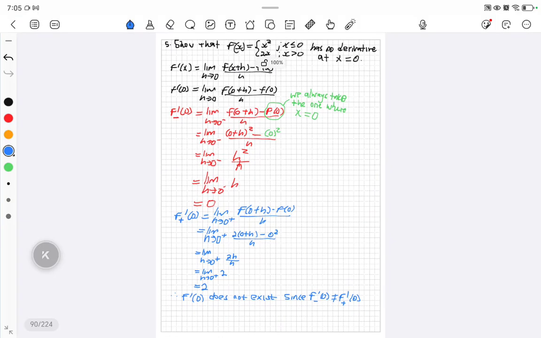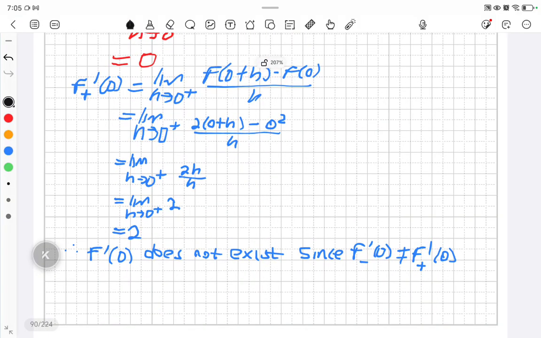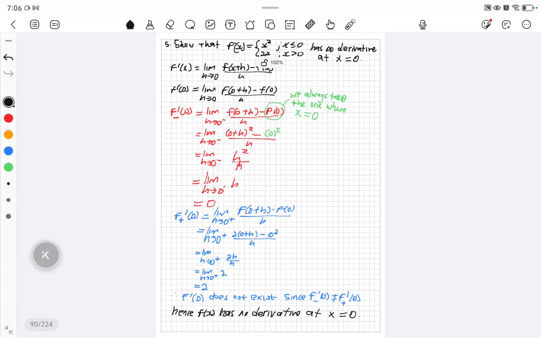You see? Then we deduce and say hence f of x, we're now answering the question, has no derivative at x equals to 0. You see? Then we're done.